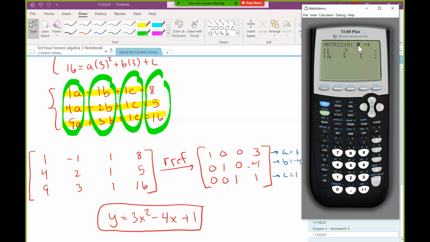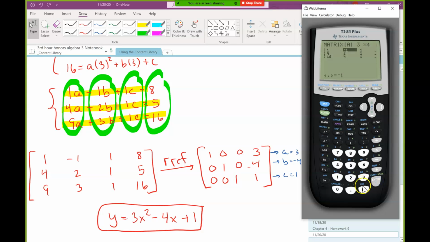So we'll start by entering the dimension of our matrix. It's always going to be a 3x4 for this chapter. So I enter 3x4. And then I'm going to type in the numbers in my matrix exactly as they look on my paper.